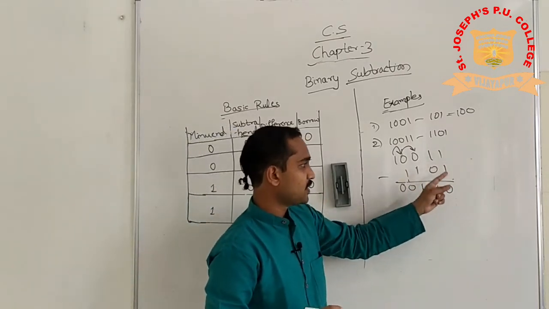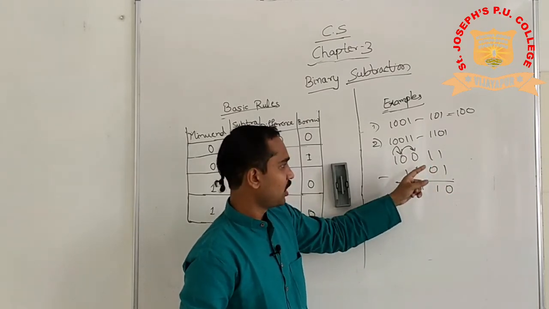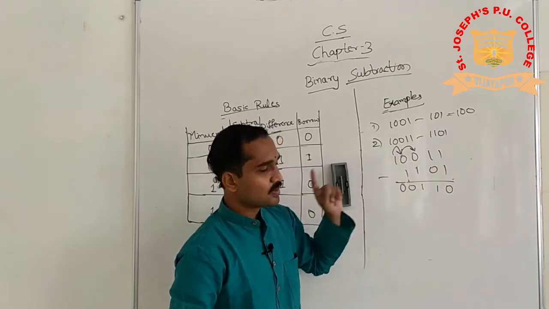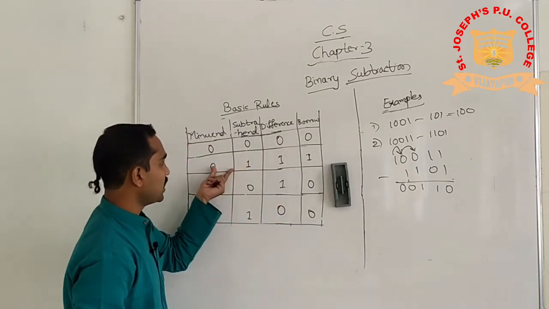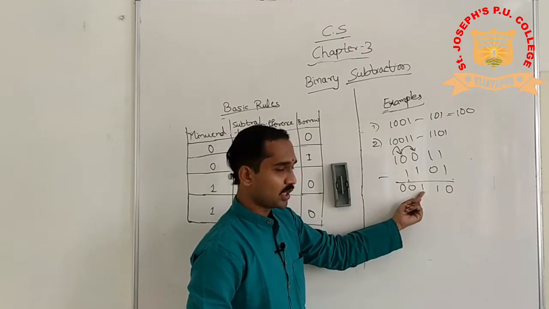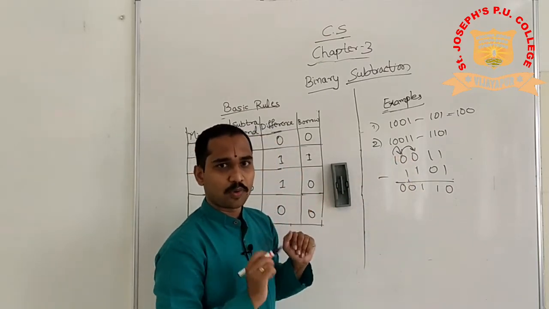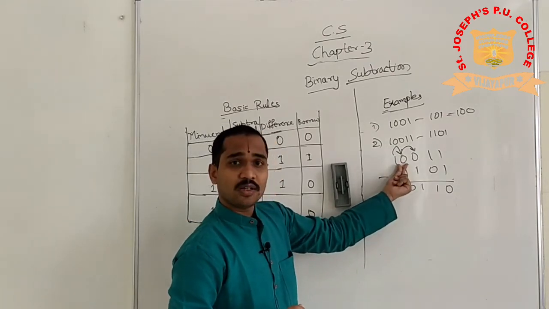Okay, 1 minus 1 you have understood, it is 0. 1 minus 0, 1. Okay, now what? 0 minus 1 is there. 0 minus 1, when I say difference is 1, borrow is 1. So difference I have written as 1 and I have taken 1 from borrow. But is there 1 here?